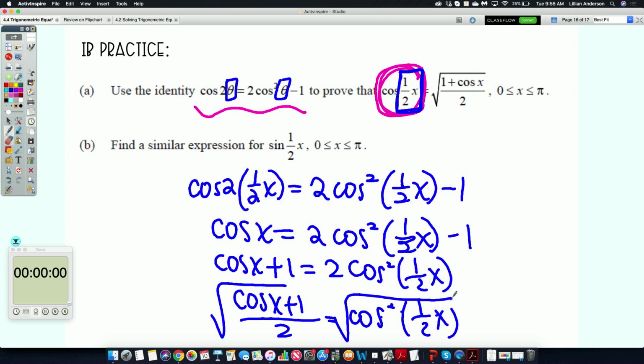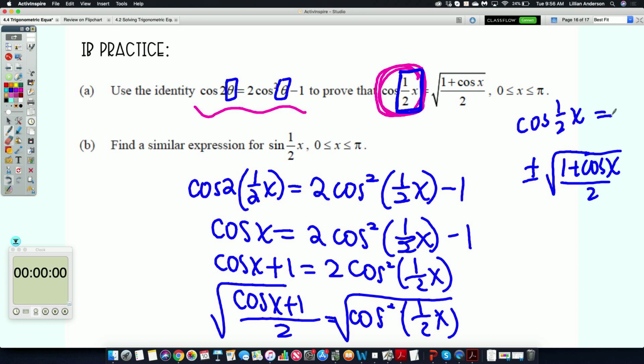Okay, remember when we take the square root, it does become a plus or minus, but it becomes the plus version because of what part? Because of that domain part here, where it says that x has to be in between 0 and pi. And the thing is, that's with respect to x. This isn't x, though.